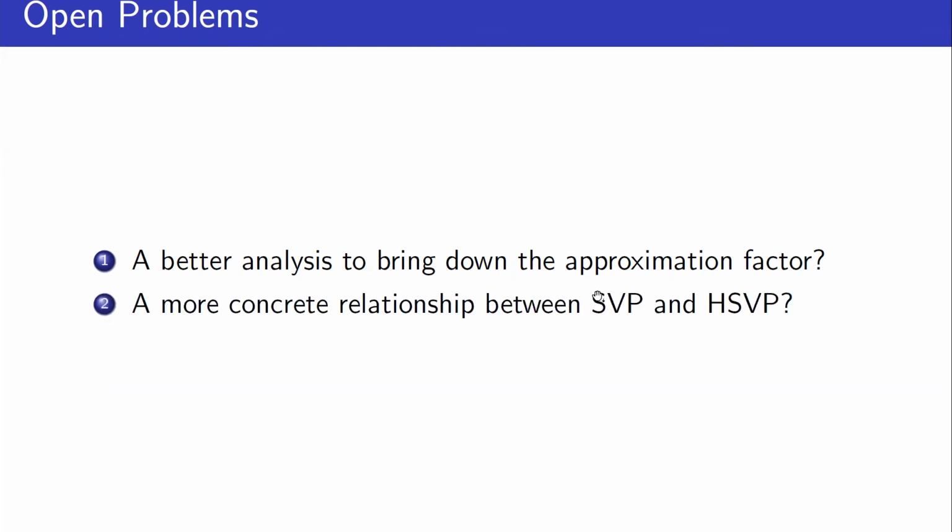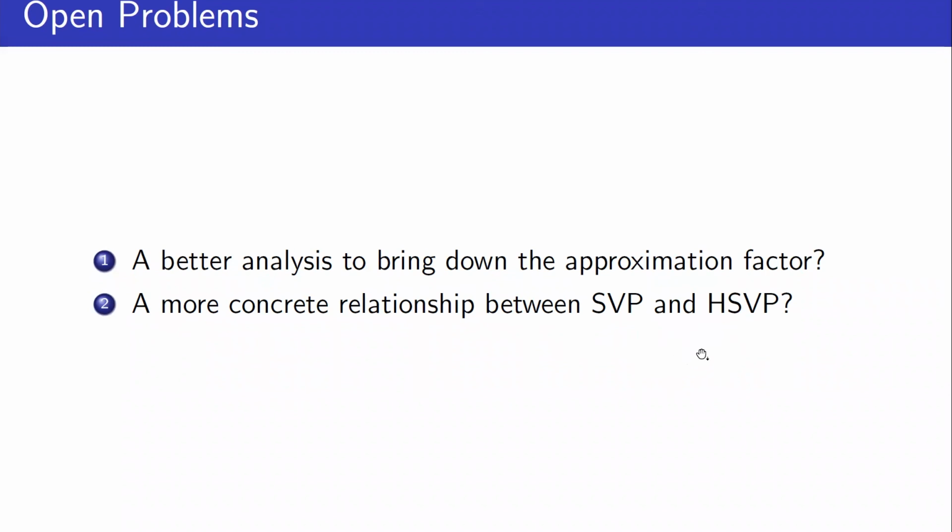Secondly, is there a more concrete relationship between SVP and HSVP? This algorithm solves both of them simultaneously to within approximately the same approximation factor. Both of them achieve an approximation factor of square root n times polylog n.